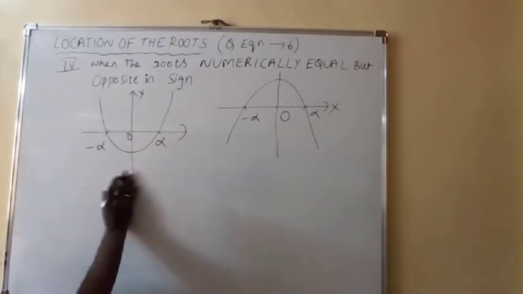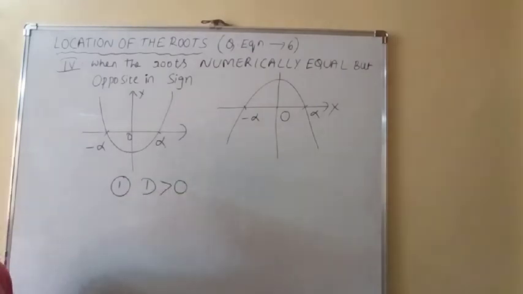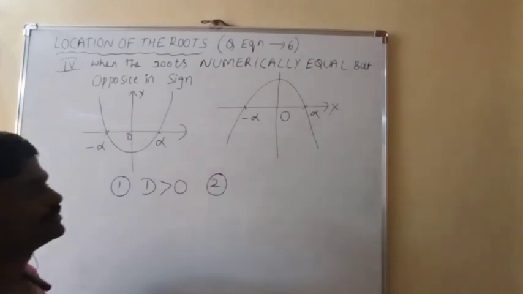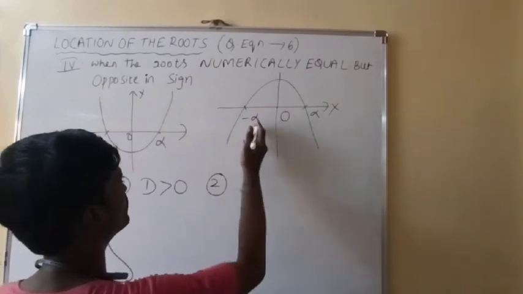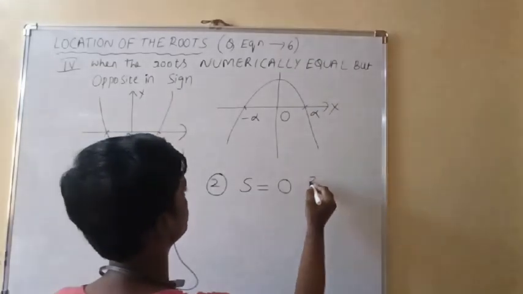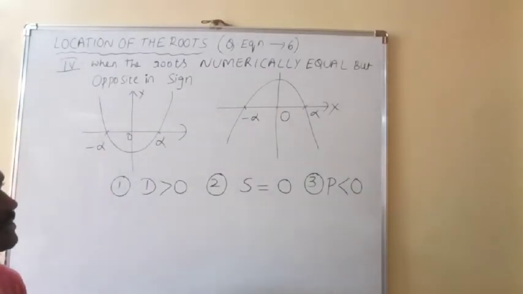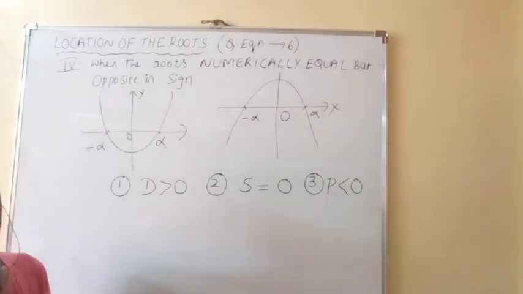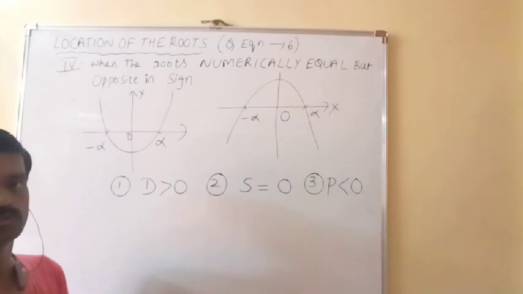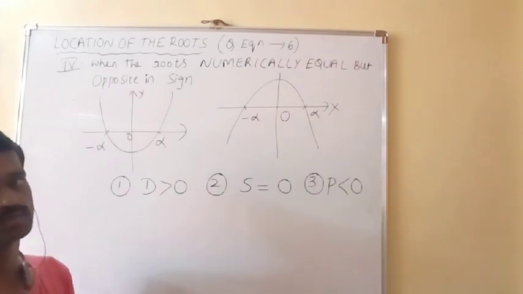Here also clearly the roots are distinct only, so the discriminant will be greater than 0. As they are numerically equal but opposite in sign, what is the sum of the roots? Alpha plus minus alpha is 0. And the third condition, the product of the roots, is negative, since one is positive and the other is negative. So what is the difference between the third and fourth cases? In the third case the roots are of opposite sign, but they may or may not be numerically equal, like minus 2 comma 3.